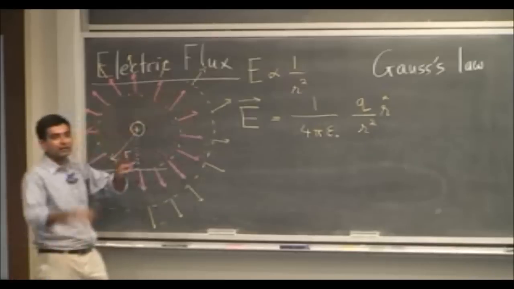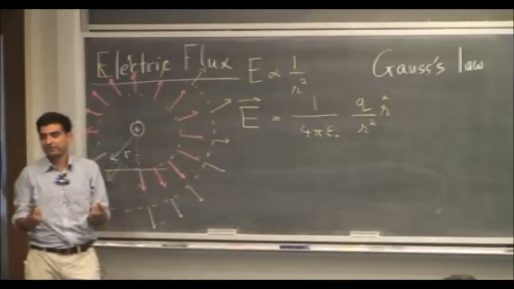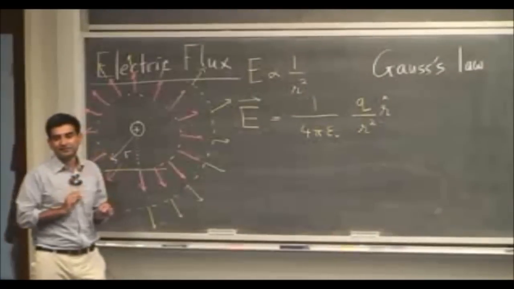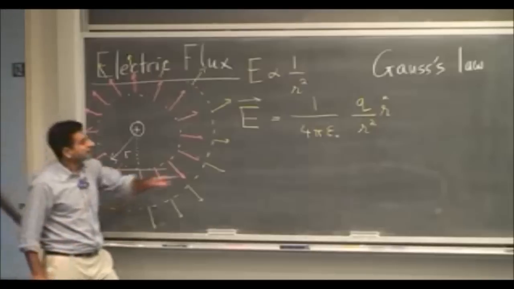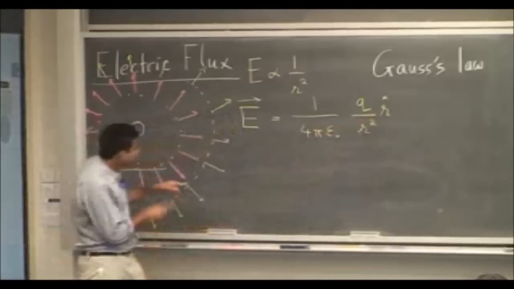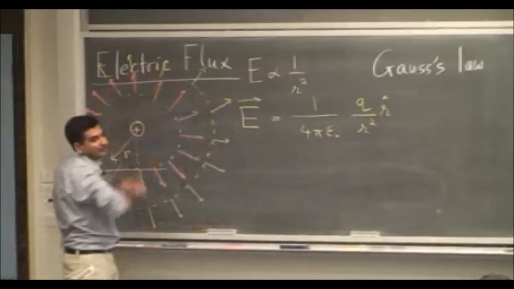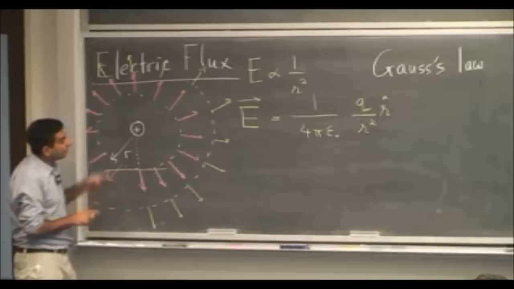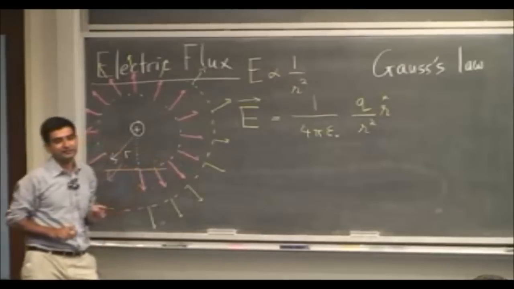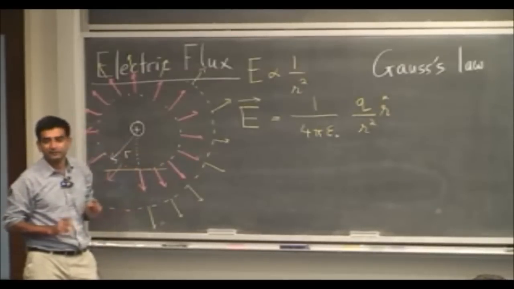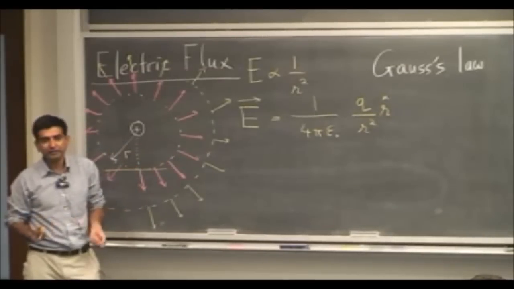All of these pink arrows are pointing in different directions at different points. But at each point, the pink arrow is along the radius. So this unit vector r changes its direction with different points. But in each case, it's along the radius. Fine? Any questions up to this point?